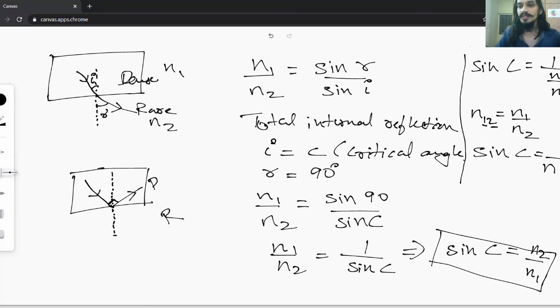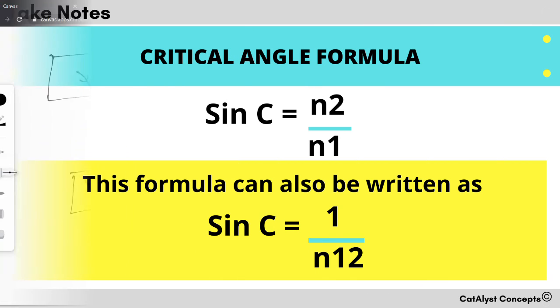Okay, I can also write this as sine C equals n21, since n2 by n1 is nothing but n21. But generally, when we have to solve problems, they'll give us n12 or they'll ask us for n12. So both of these formulae will come in handy.